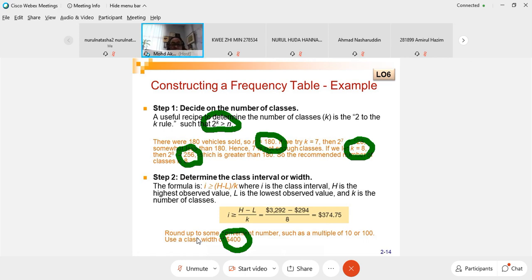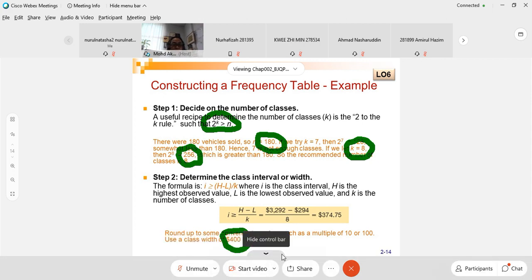How we get the I value? Ada persoalan? Yes, sir. Okay, kita move for the next slide.